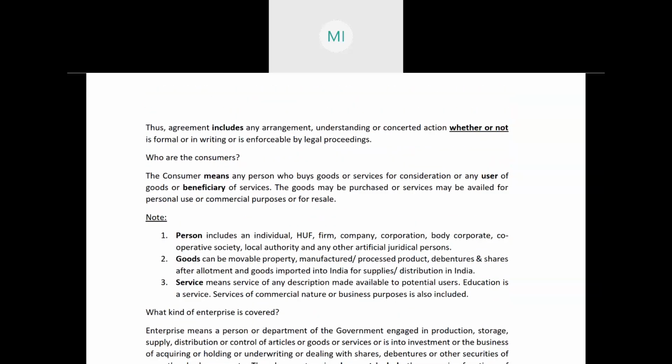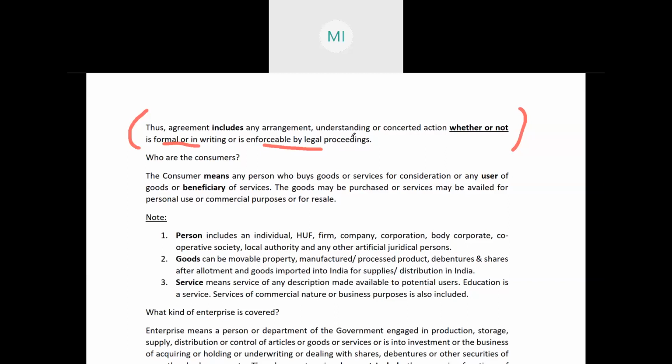So, simply put, what you have to remember from this discussion is that agreement includes any arrangement or understanding or concerted action, whether or not it is formal or in writing, whether or not it is enforceable by legal proceedings. This is the takeaway you have to remember.